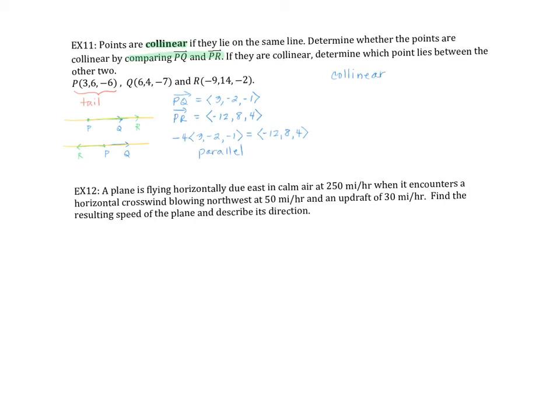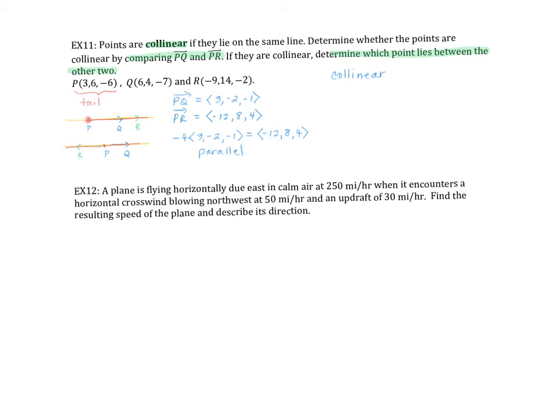The question here is, which point lies between the other two? Okay, well, P is the tail. So either you start at P and you go in the same direction for Q and R, or you start at P and you go in opposite directions. To go in opposite directions, one has to be a negative multiple of the other, because a negative means opposite.